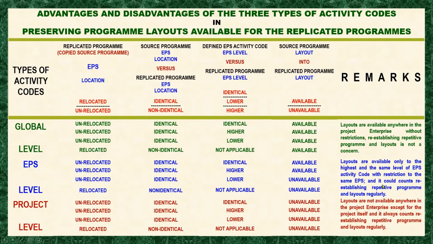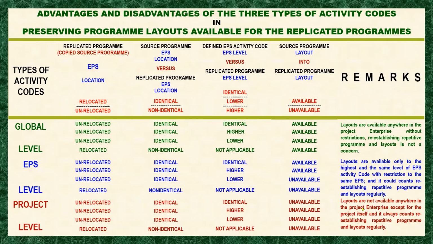That means there is a tendency that you have to reestablish the typical layouts from the source program, if you want them, if you are located on a lower level of the same EPS.